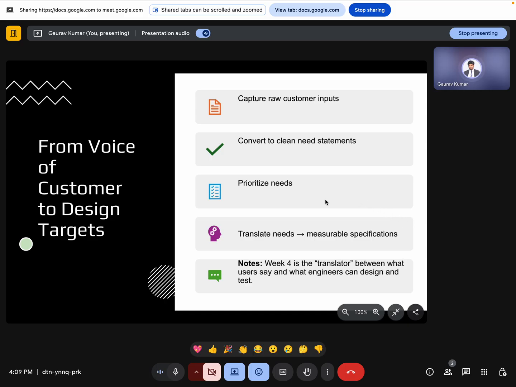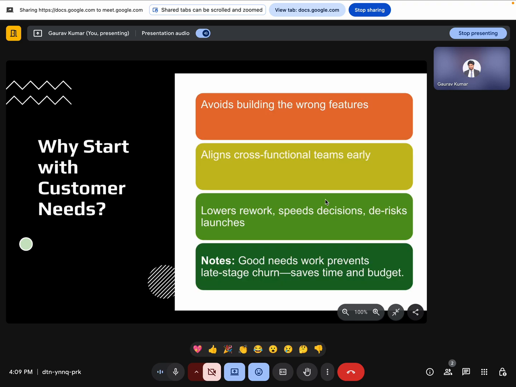Moving to the next slide. Why start with customer needs? Starting from customer needs prevents us from building beautiful solutions to the wrong problems.